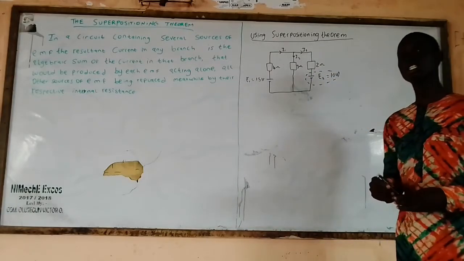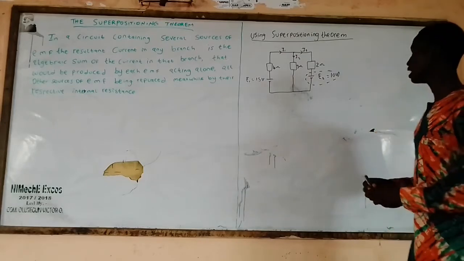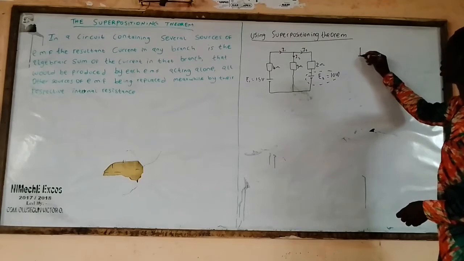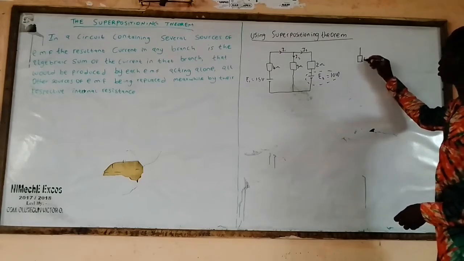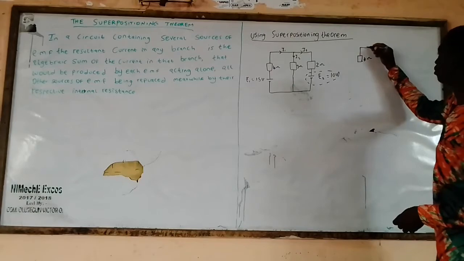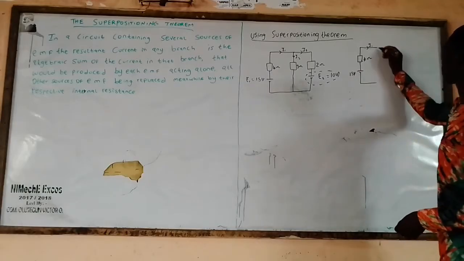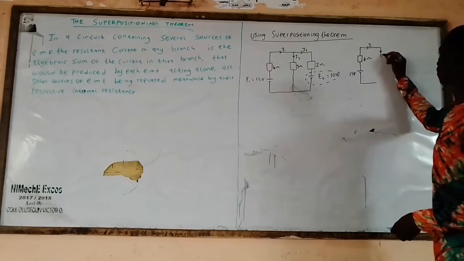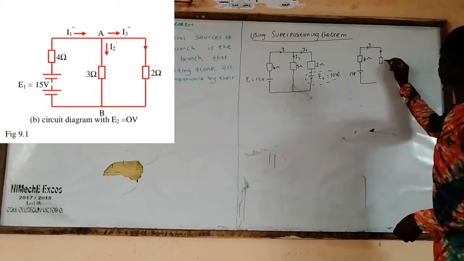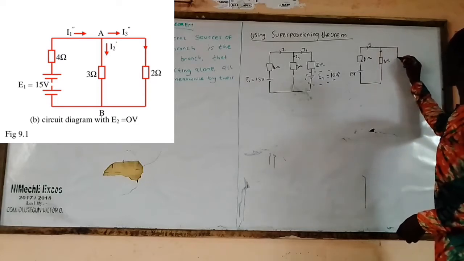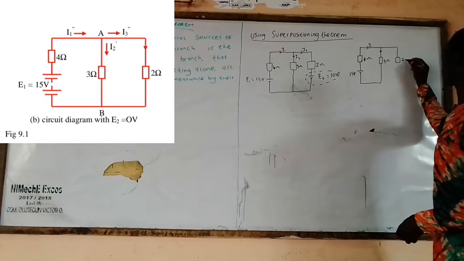Now, when I short circuit E2, E2 will be equal to 0. And I'll have the same circuit exactly like this. Here, 4 ohm, I1, 15 volts, 3 ohm, 2 ohm.